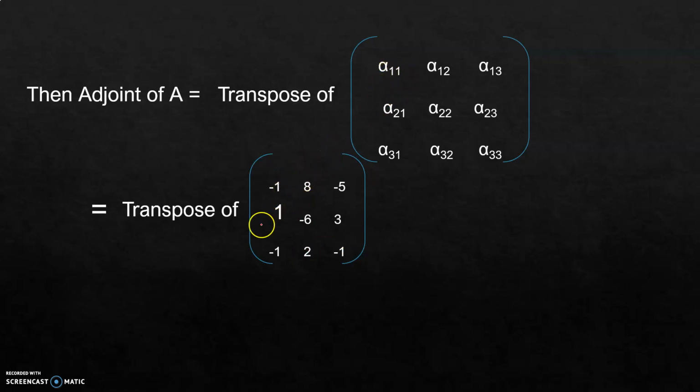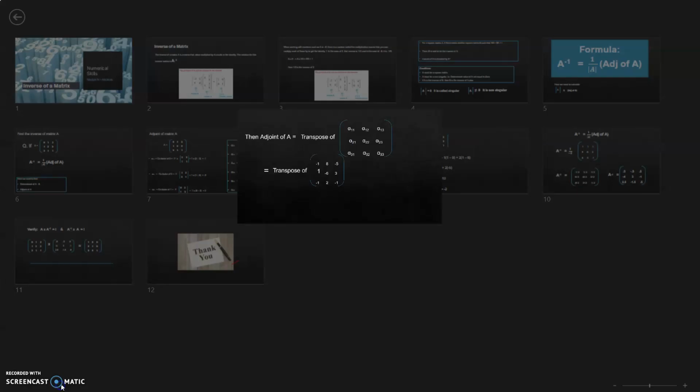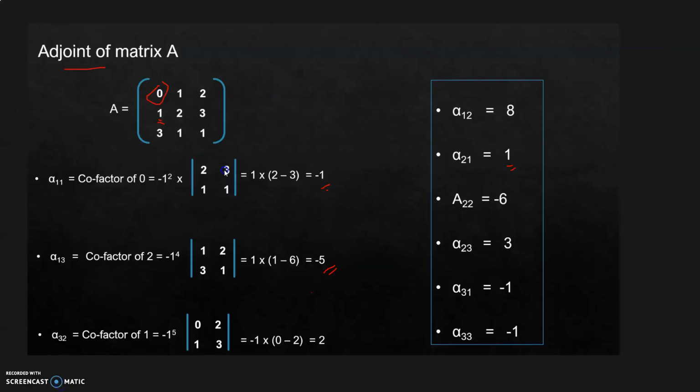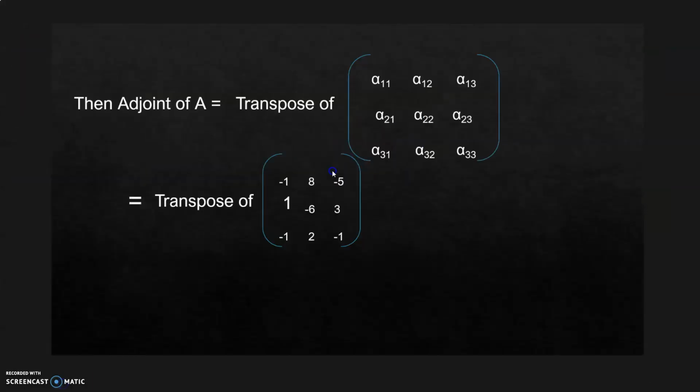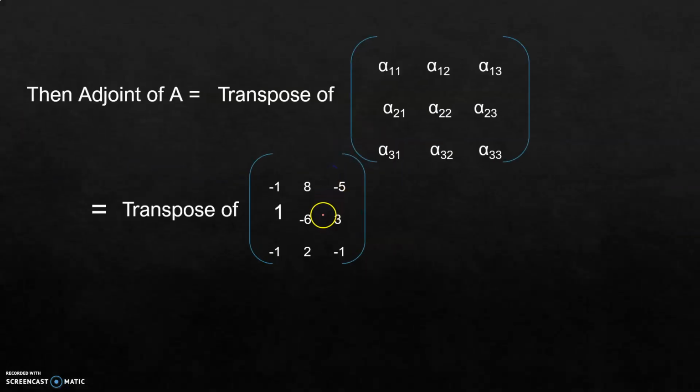Cofactor 1, 1, it is minus 1. Cofactor 1, 2, 8. Cofactor 1, 3, it is minus 5. So the first 3 cofactors should be kept in their order itself. So here it is minus 1, 8, minus 5. This we call the cofactor matrix.